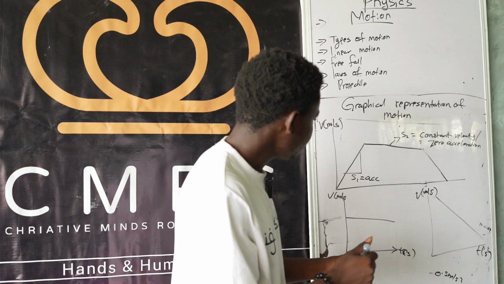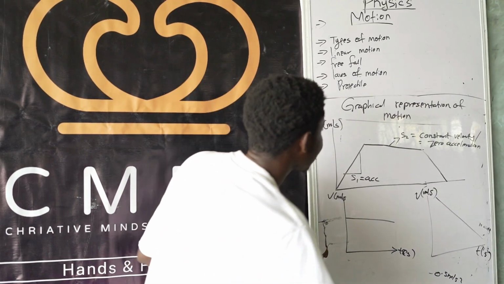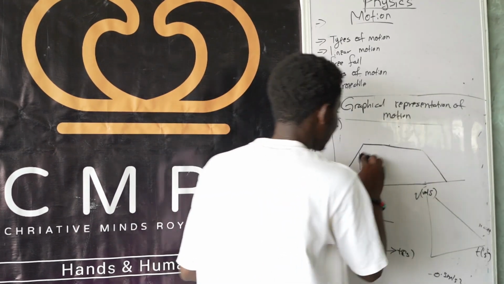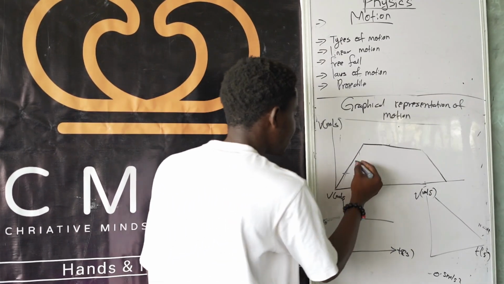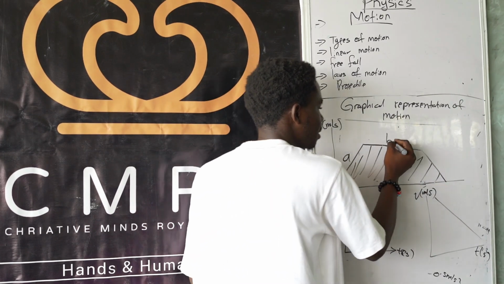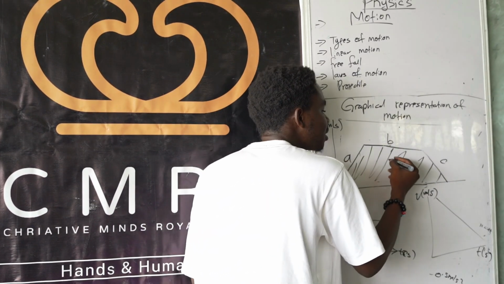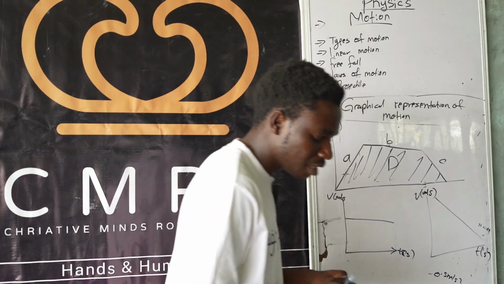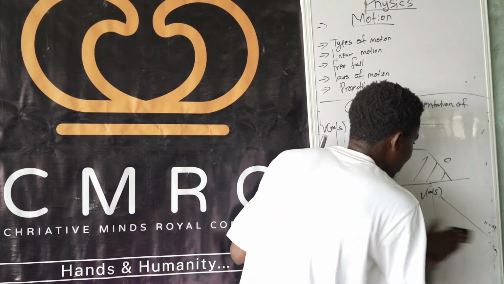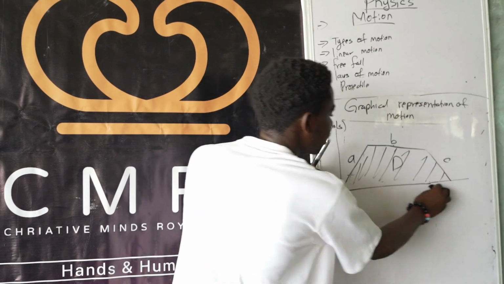So now, they can label all these places for you. They can shade this place and say, okay, this is A, this is B, this is C, and this shaded area is D. Then they tell you to identify each of the letters.